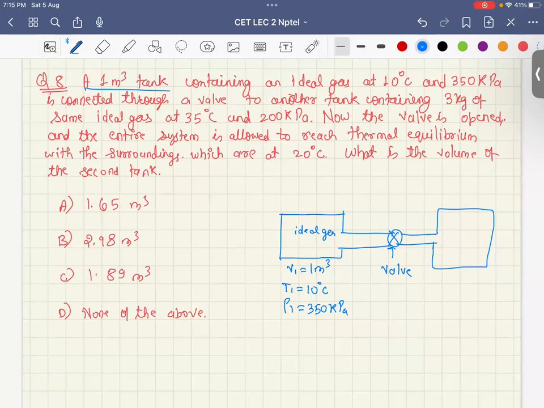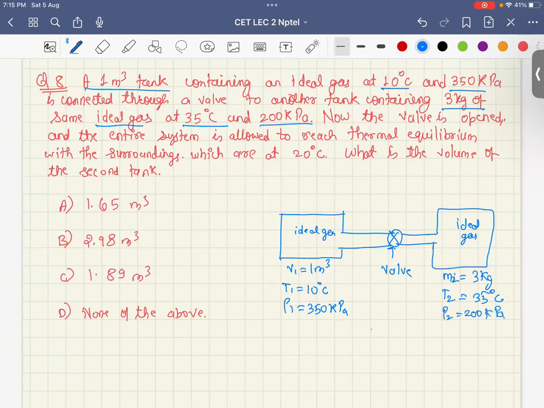This also contains the same ideal gas where its mass is given as 3 kg, at temperature T2 of 35 degrees centigrade, and pressure is 200 kPa.